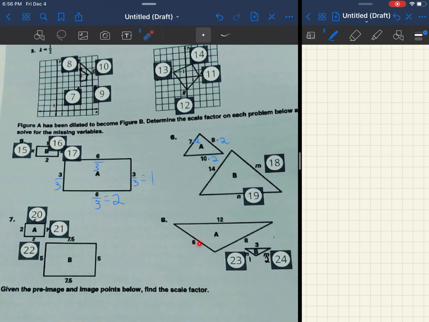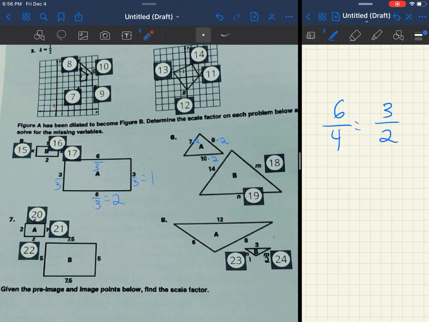And over here I have 6. And 6 divided by 4. So I'm going to do that over here. 6 divided by 4. You could bring that to a decimal, or you could reduce it. If I reduce it, a 2 goes into 6 3 times, and a 2 goes into 4 2 times.